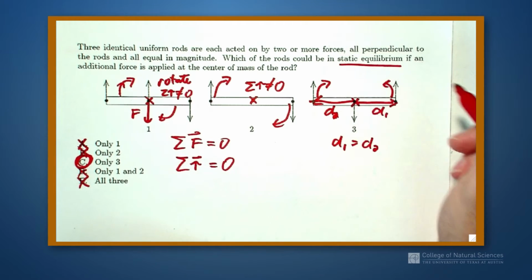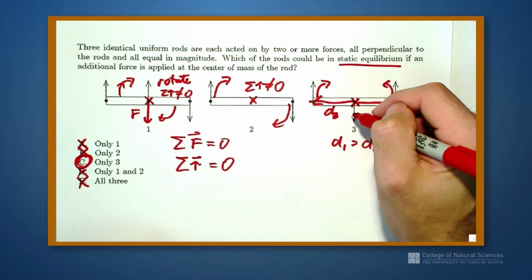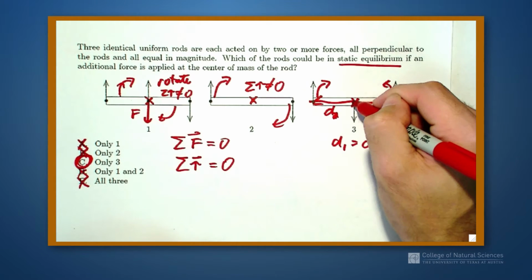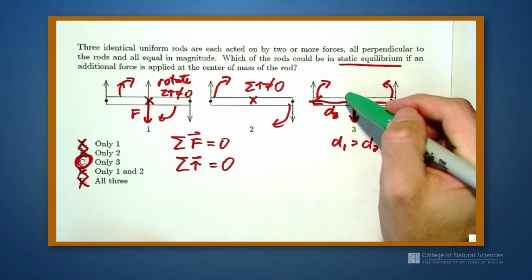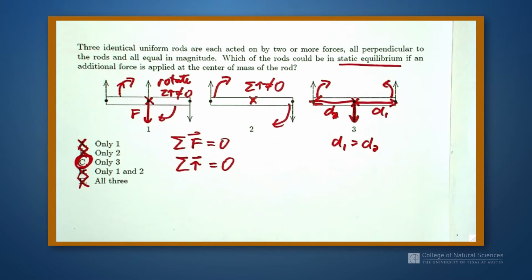I'm again choosing an axis of rotation around that point. Force 3, this one right here, does not provide any torque on this object because it's applied at the axis of rotation, so there's no distance.